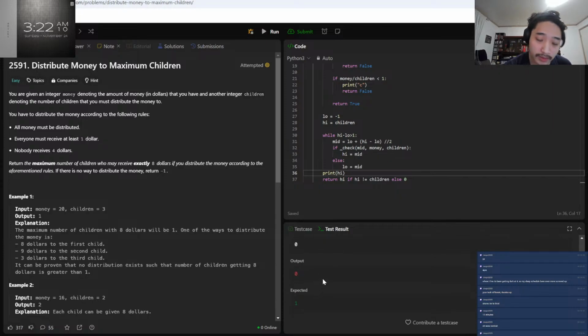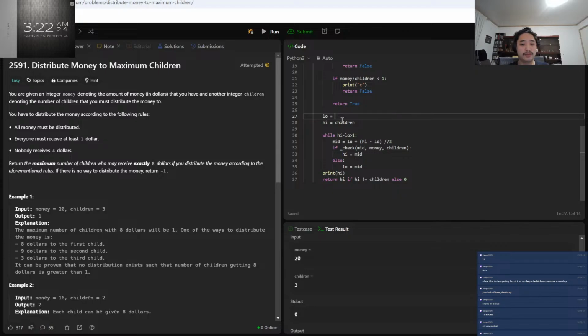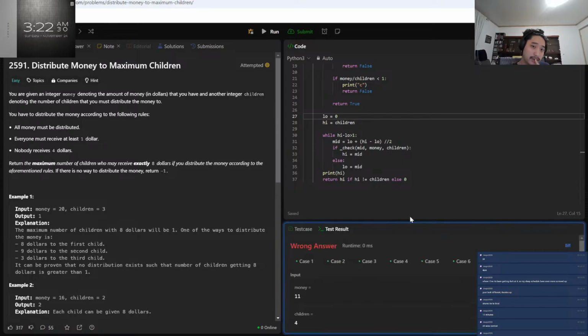I think it should be 0, but I don't understand why. Because that's the range. But I don't understand why this didn't work.